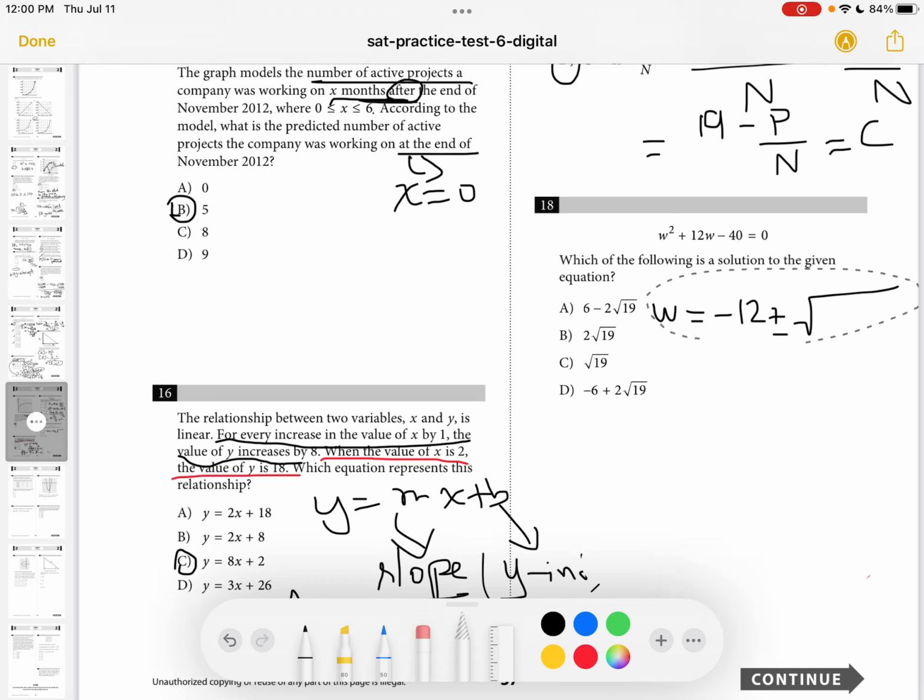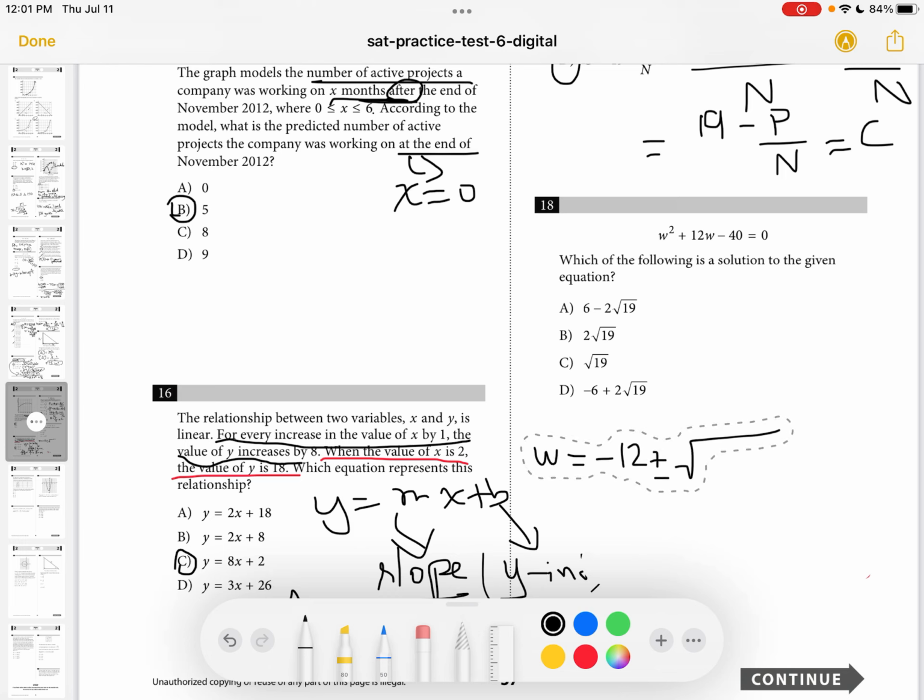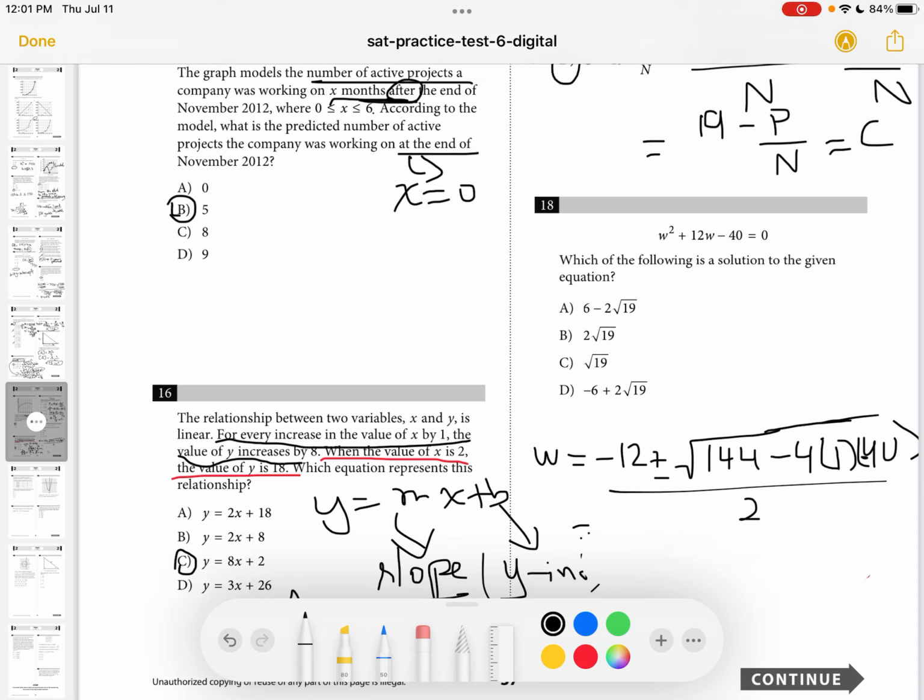Yeah, right there. Plus or minus the square root of b squared minus 4ac, that's a negative 40, over 2.